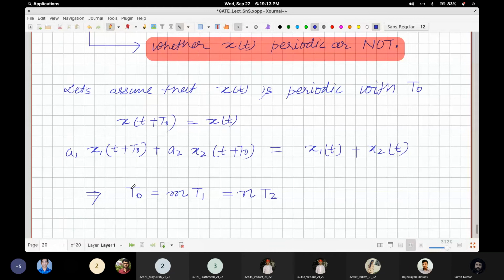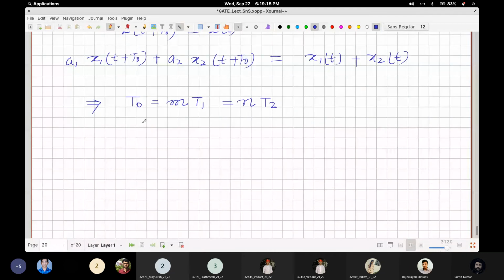Yes. What does this mean? It means that T1 divided by T2 will be equal to n divided by m. What is n? Integer. What is m? Integer. So you are getting a ratio of integers, isn't it?